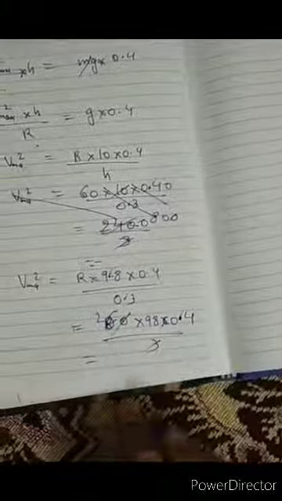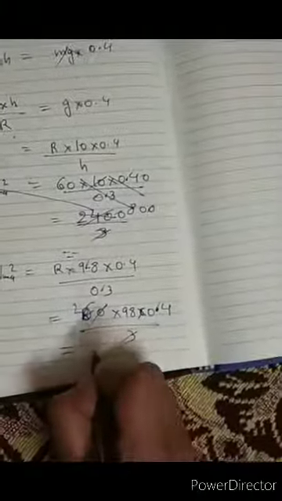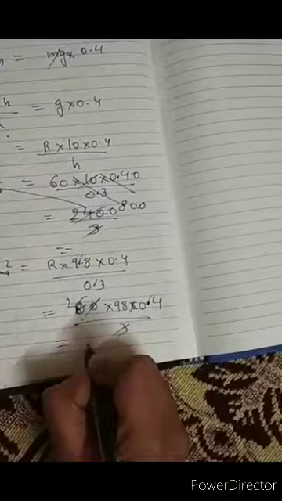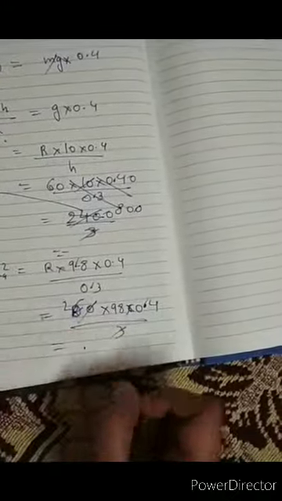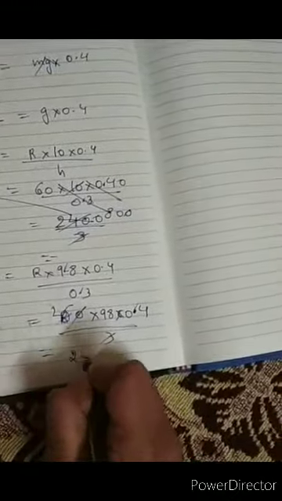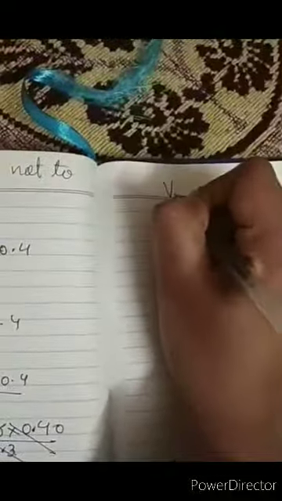Then we are left with 2 into 98, which is all v max square, equal to 196, and the square root of 196 is 28 meter per second.